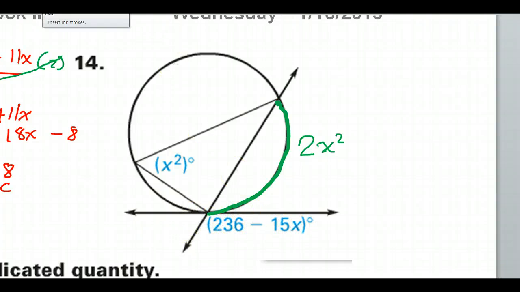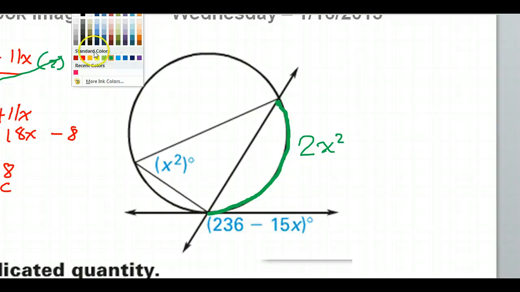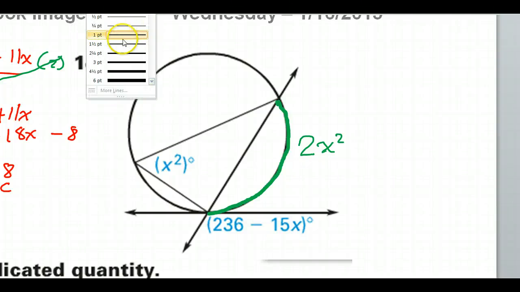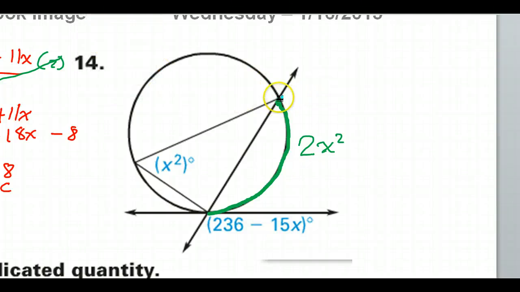So the next thing I'm going to do is look at this angle that goes like this. Let me switch to red. Now focus your eyes on this angle that goes like this. Even though this side of the angle is a tangent, this is still an inscribed angle, just like the last one.